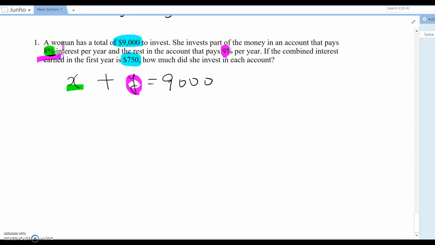Based on 8% and 9%, she earned this amount of money. Then how do we find the interest? Whatever you invest, you can make the equation 0.08x plus 0.09y equals $750.